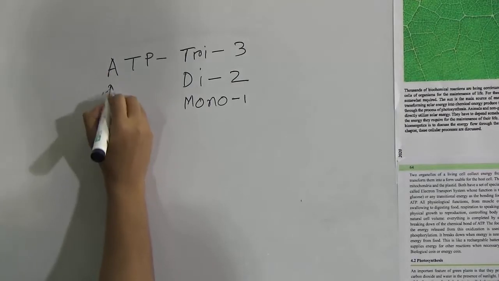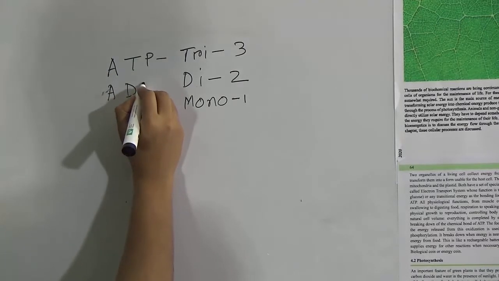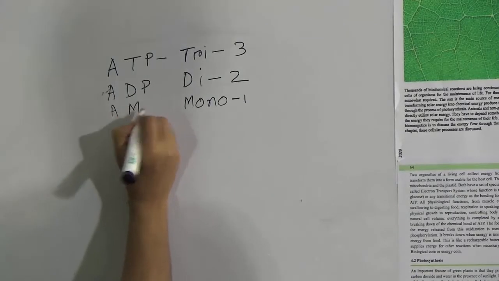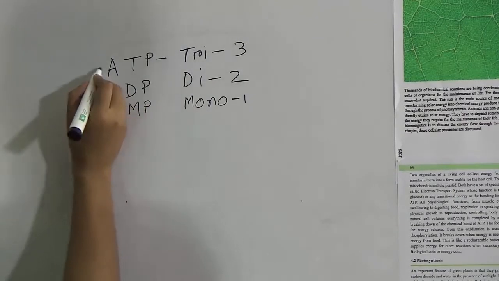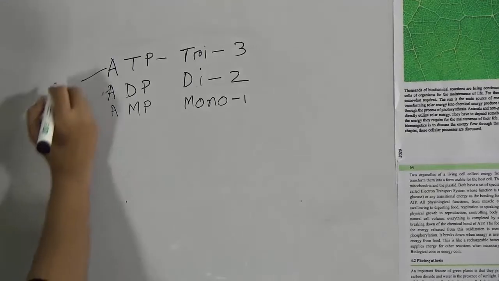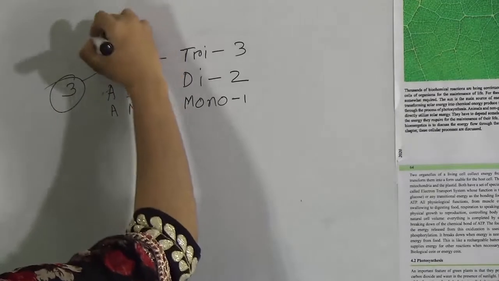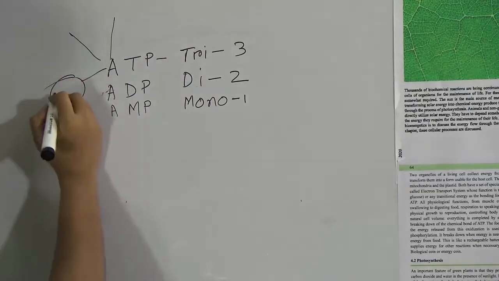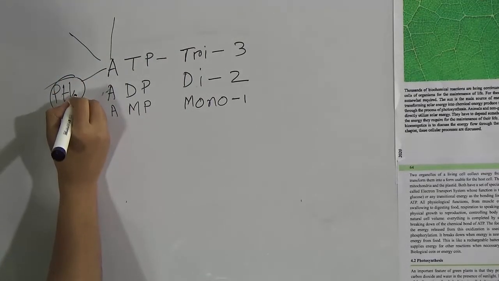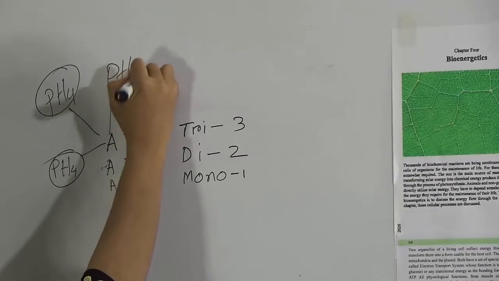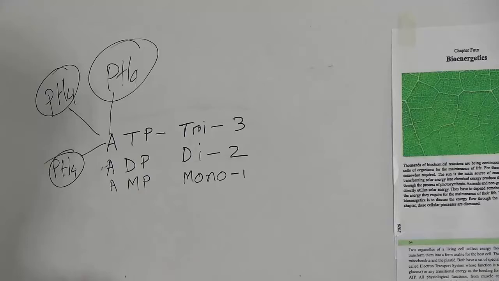In ATP, with adenosine there are 3 phosphate radicals joined, PO4, PO4, PO4.